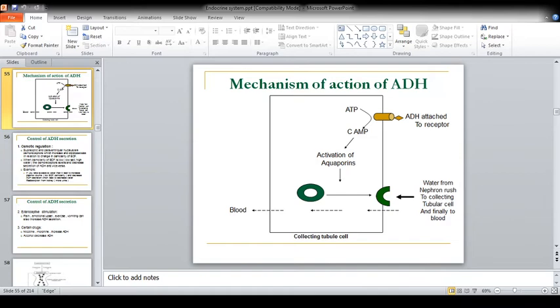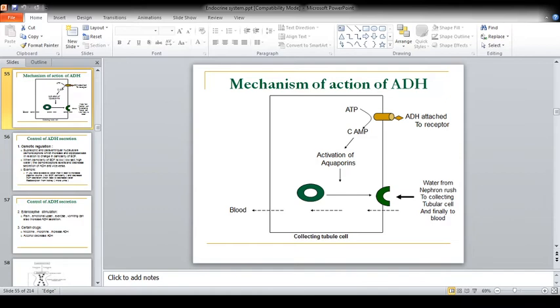So when the osmolarity of the ECF is low, that is the fluid is more dilute, low in sodium and high in water content, the osmoreceptors would swell and decrease the secretion of ADH, because we do not need any more water to be stored in our system. That is why the ADH secretion would decrease, so as to prevent absorption of more water.